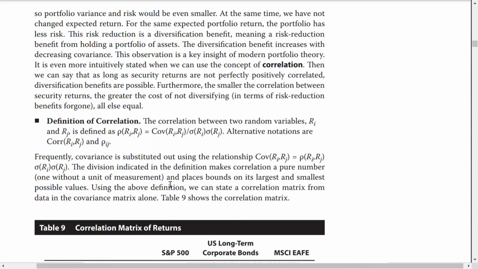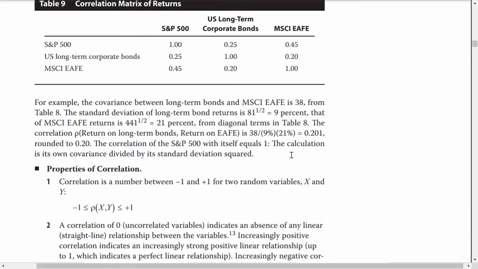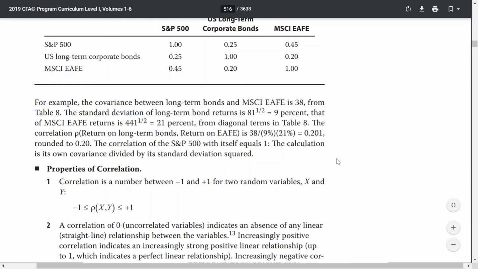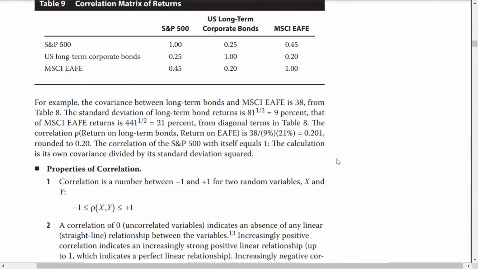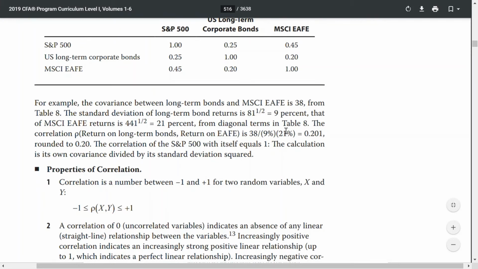Using the above definition, we can state a correlation matrix from data in the covariance matrix alone. Table 9 shows the correlation matrix. For example, the correlation between long-term bonds and the MSCI EAFE stock index is 38.